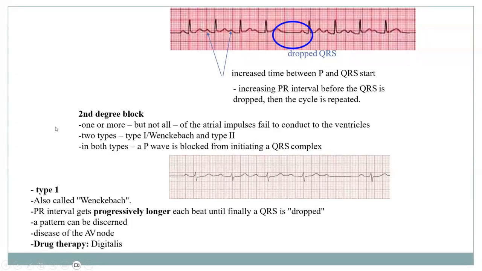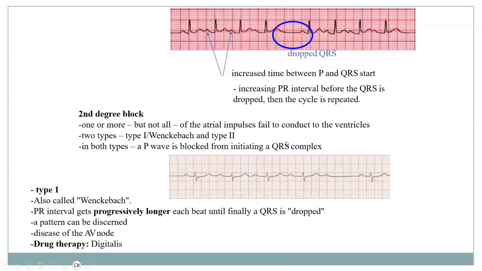Here in second degree heart block, one or more, but not all, of the atrial impulses fail to conduct to the ventricles. We have two types: type 1, called Wenckebach, and type 2, called Mobitz type 2. In both types, a P wave is blocked from initiating a QRS; the atrial depolarization is blocked from initiating ventricular depolarization.